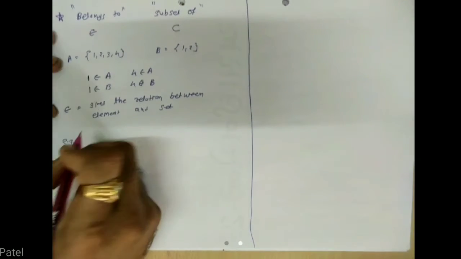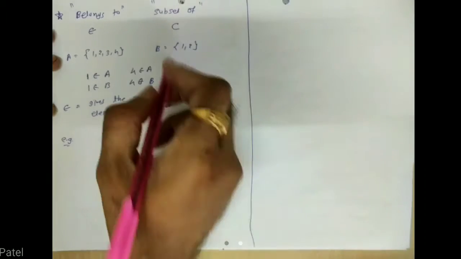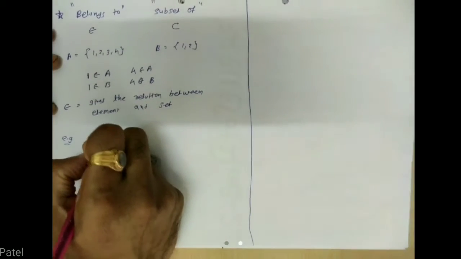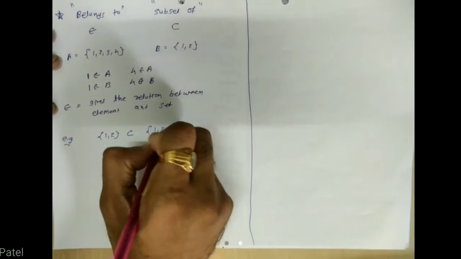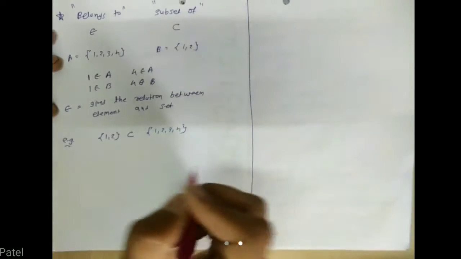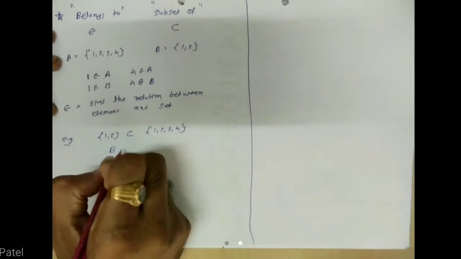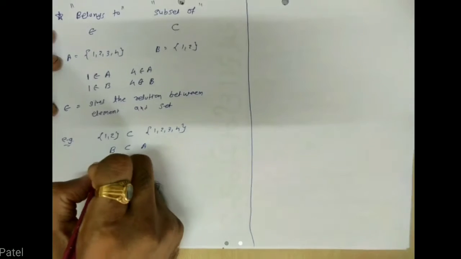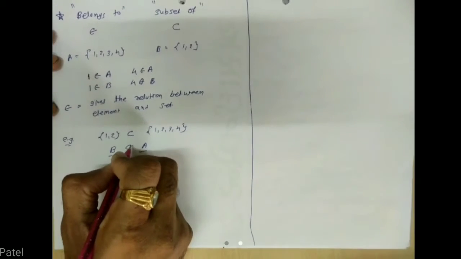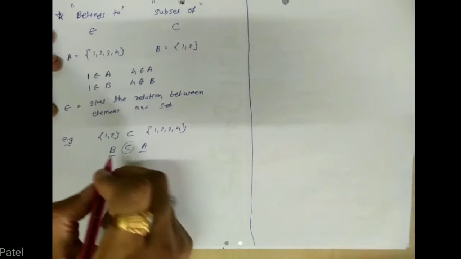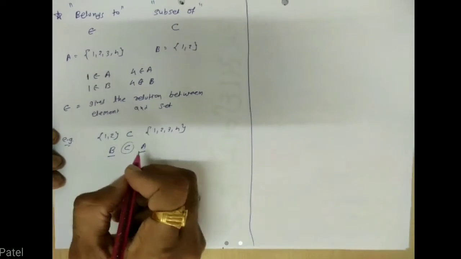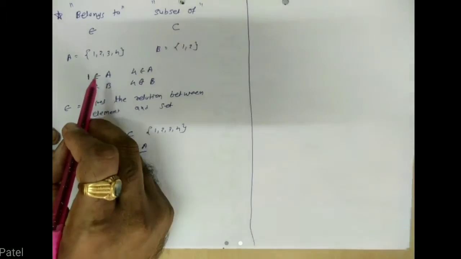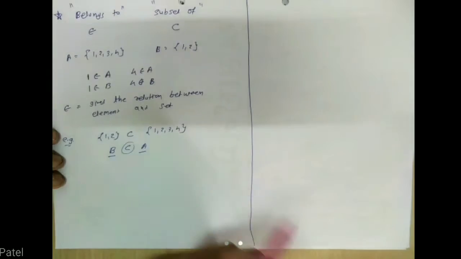Another example, subset. So here we can say that {1, 2} is a subset of {1, 2, 3, 4}. Set B is a subset of set A. So here subset gives the relationship between two sets. Subset symbol gives the relationship between two sets, while the belongs to symbol gives the relationship between element and set.